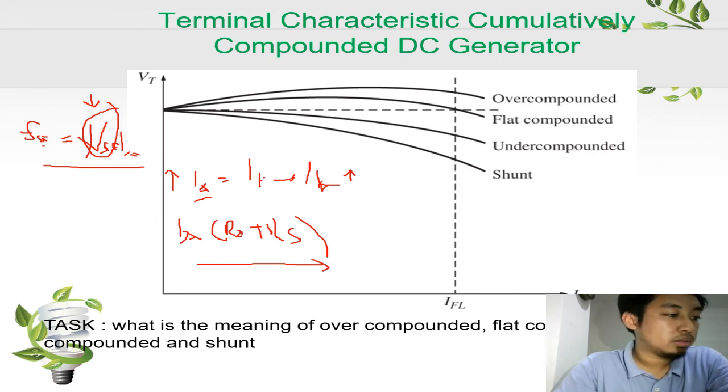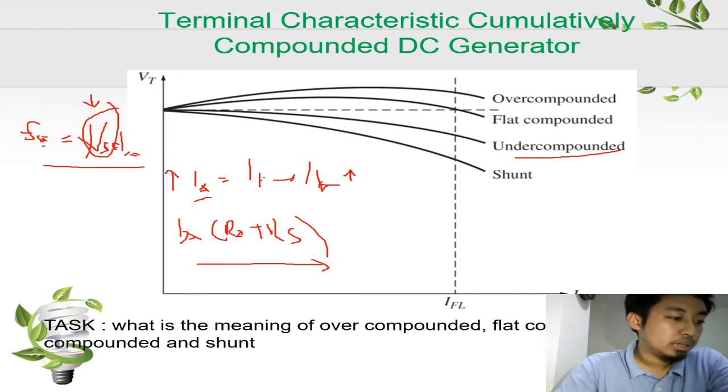You can refer to this one. This type of construction, where the full load terminal voltage is less than the no load terminal voltage, we call under compounded, because the number of turns is small.